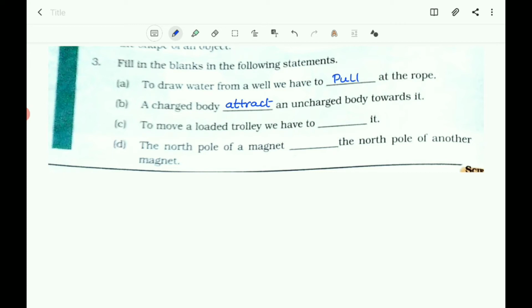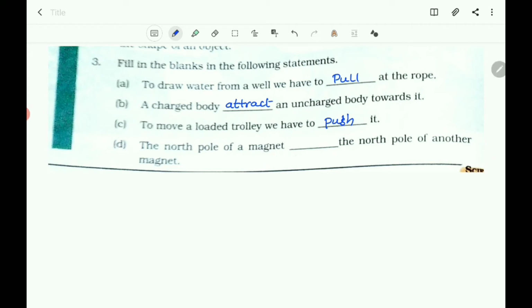To move a loaded trolley, we have to push it. And also you can pull here. Push or pull you can write. Next, the north pole of a magnet repels the north pole of another magnet.